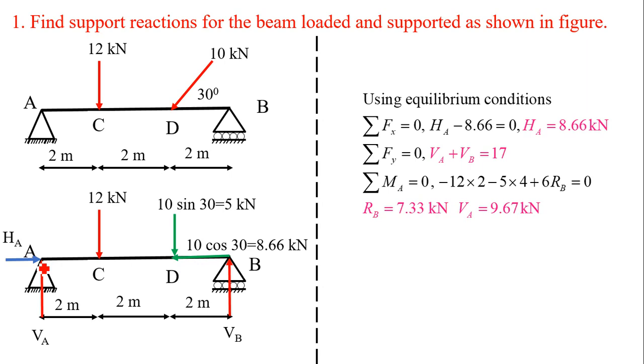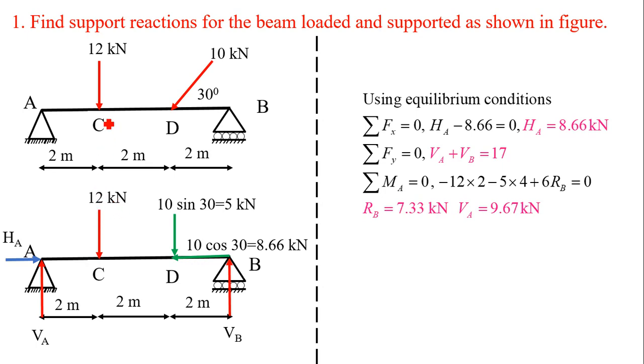If our answer is positive, it means our assumed direction is correct. If our answer is negative, it means our assumed direction is wrong, and it is acting in the opposite direction. So at A there are two forces HA and VA, and at B, as it is a roller support, there is one unknown reaction VB, or you can say RB.